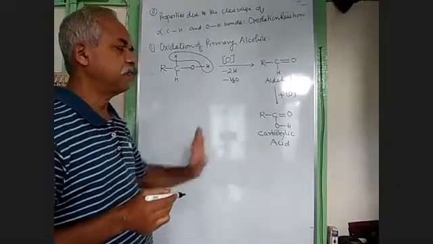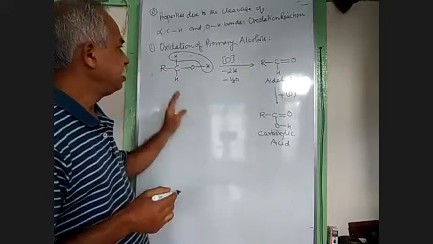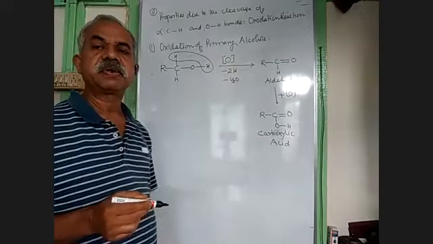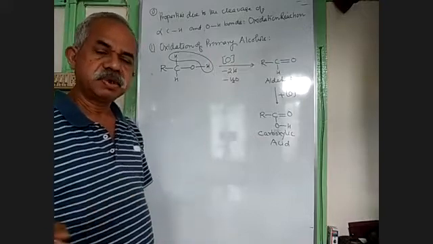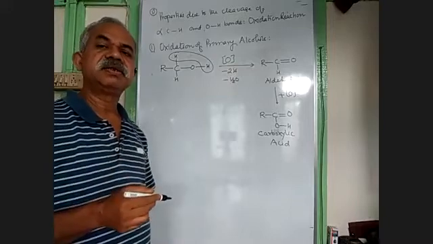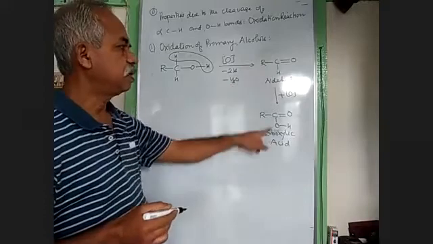Now see, in this molecule, whatever product we are getting contains the same number of carbon atoms. Why am I mentioning the same number of carbon atoms? It has a purpose, because when one goes for the oxidation of secondary alcohol, you'll find this sometimes does not happen. So you are going to get this.